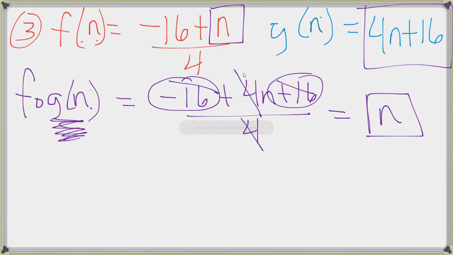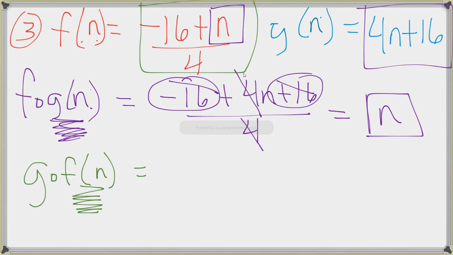Now we have to check g of f of n. So now we're going to take f of n, which in this problem is red, and we're going to plug that whole red function into the blue one. So negative 16 plus n divided by 4, we're going to take that and replace the n in the other function.